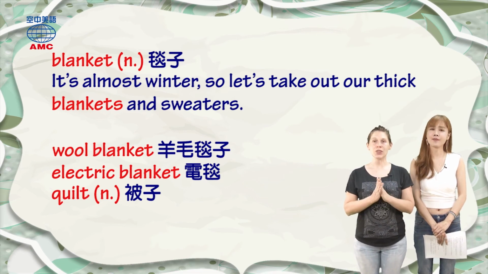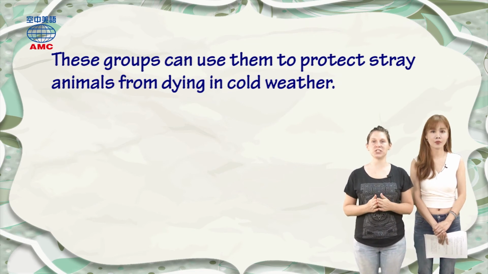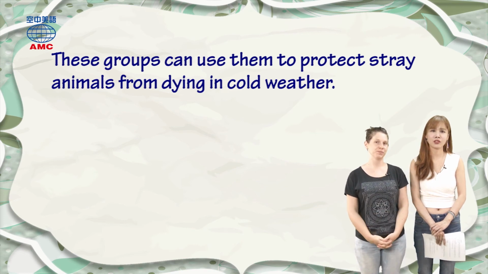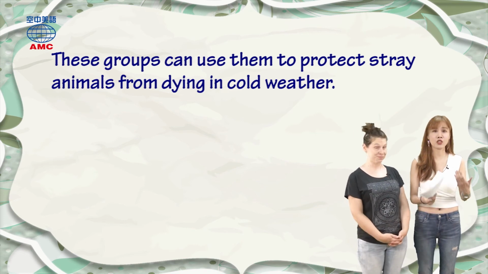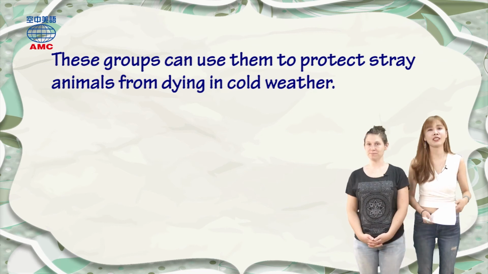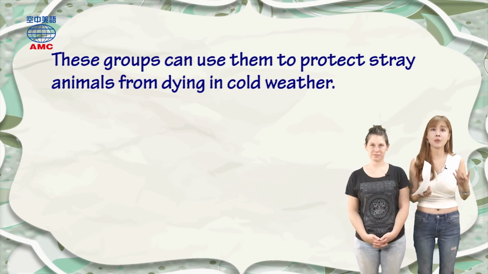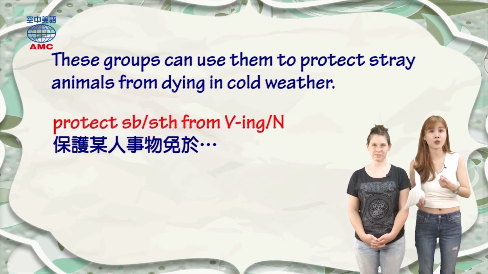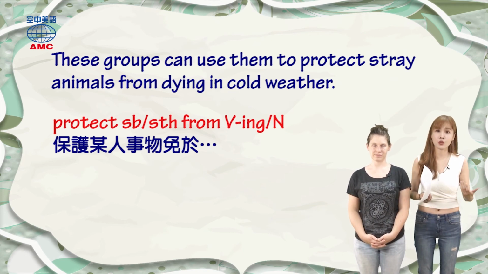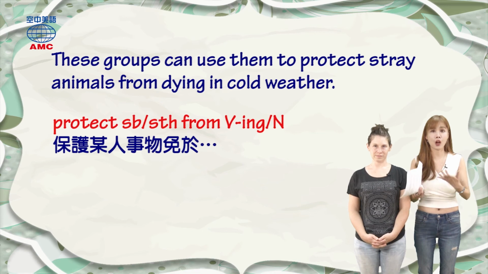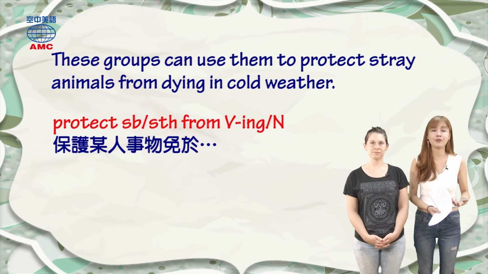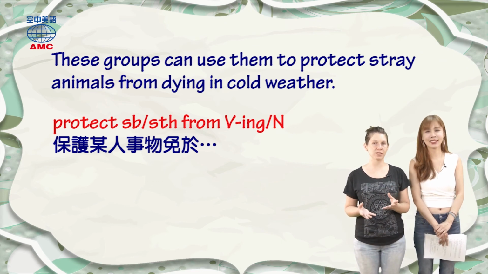All right, well, why would you give these things to an animal group? Here's the answer. These groups can use them to protect stray animals from dying in cold weather. Okay, so that's a really good idea to actually give away your blankets, right? 所以这些团体可以用它们来保护这个流浪动物，免于它们在寒冷的天气冻死。这里有没有看到 protect somebody or something from 后面接动词 ing 或是名词，就是保护某人，或是某个事物免于怎么样怎么样。Now, what are the groups going to protect from the cold?